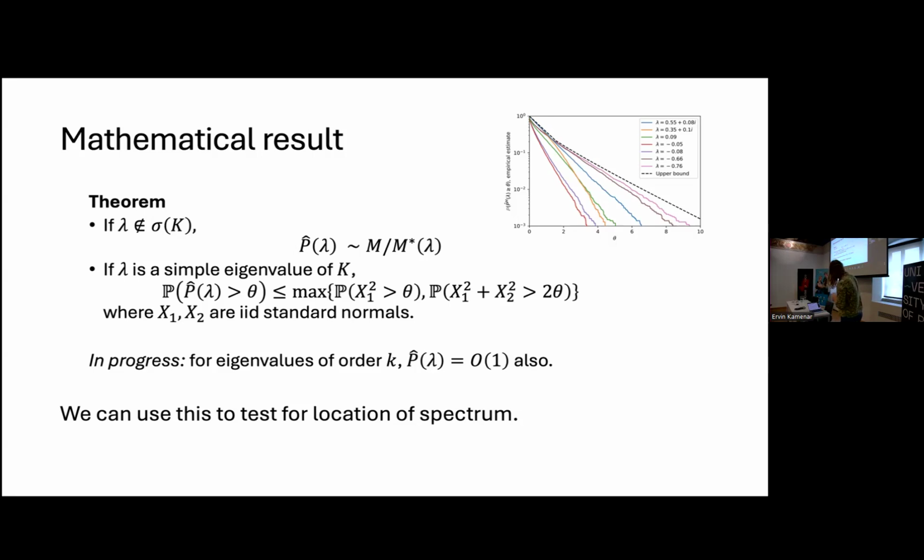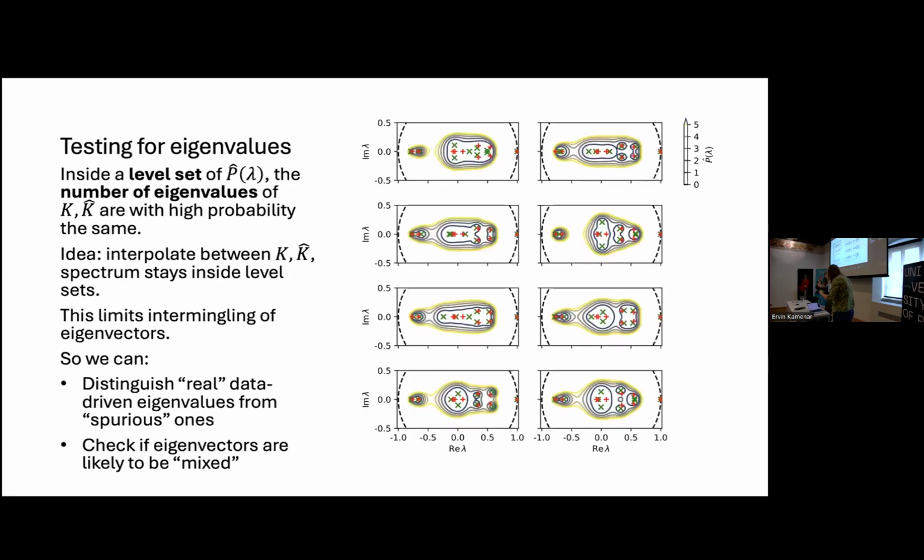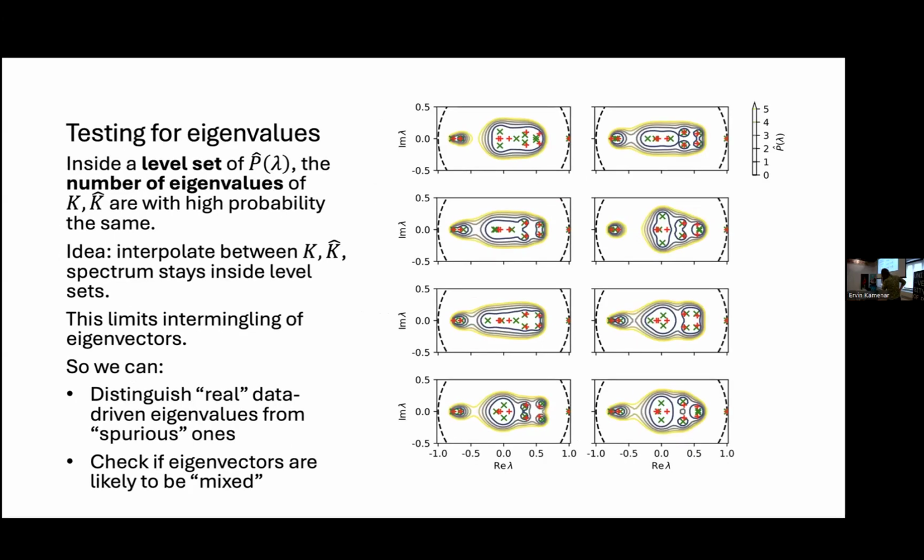This is a theorem, and we can use it to test where our true spectrum lies. Here, my green points are data-driven eigenvalues, computed with finite data, I think 2,000 values of m, for some chaotic system. The red are the true eigenvalues if I take m to infinity.